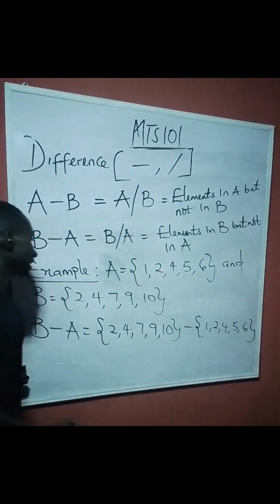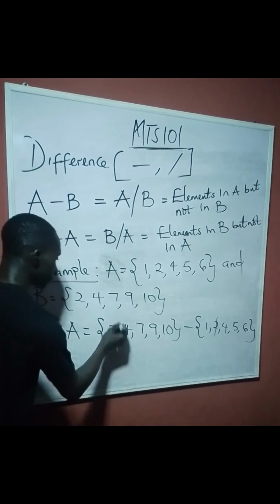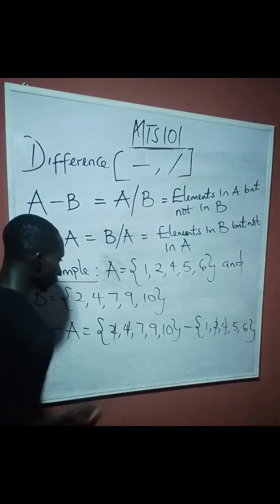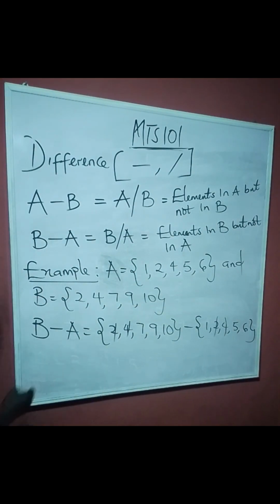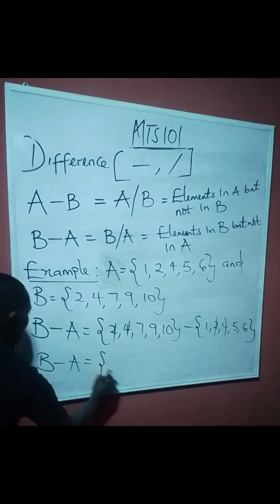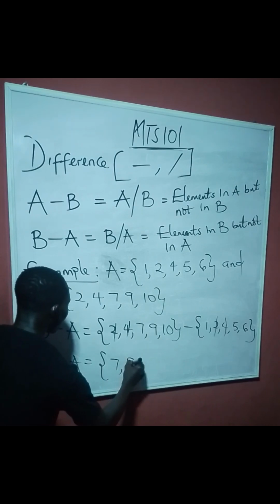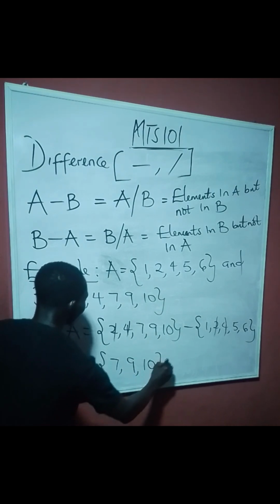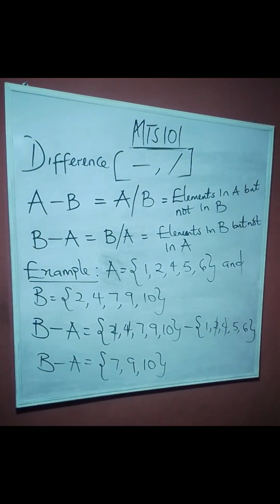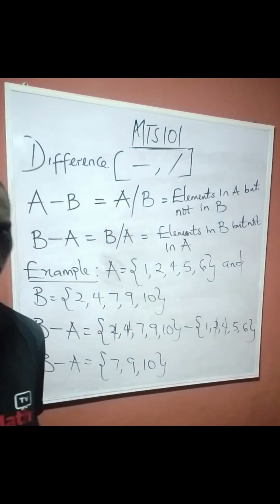The first thing, you just take out the common elements, the intersection. What elements do you have left in B? They are 7, 9, and 10. So this is B difference A. Do you get that now?